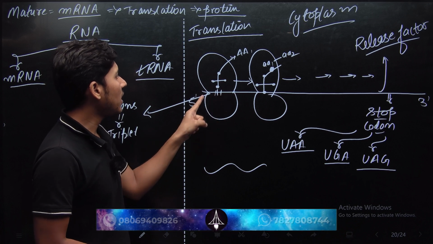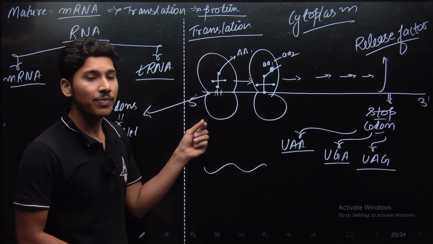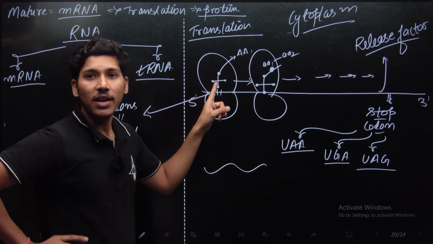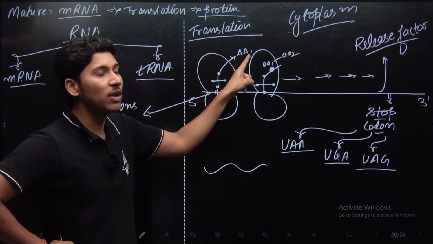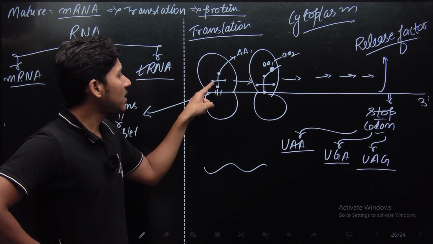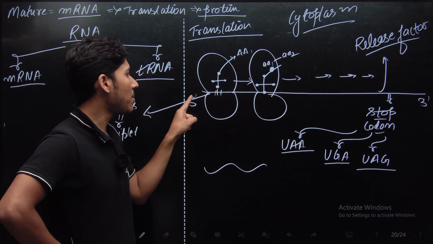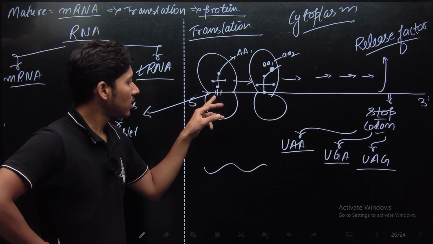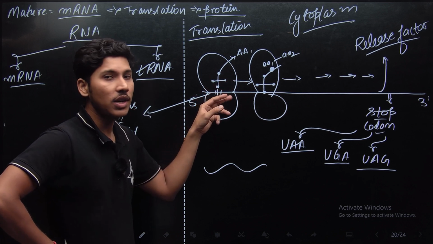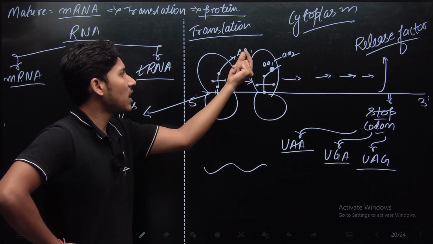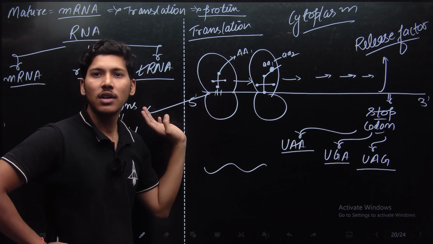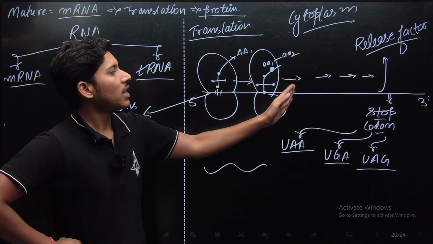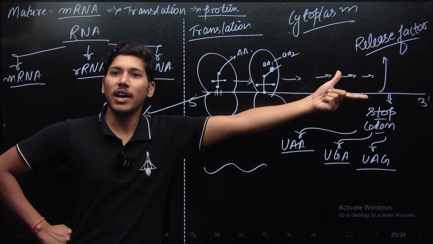So this machinery is mainly comprised of rRNA, in which there is a T-shaped or a plus-shaped tRNA, which carries specific amino acid here, and the tRNA reads information present on this mRNA, the codon, because it has anticodon, and it adds specific amino acid with respect to that codon in the growing protein chain, and that's how this machinery keeps on moving ahead and ahead.